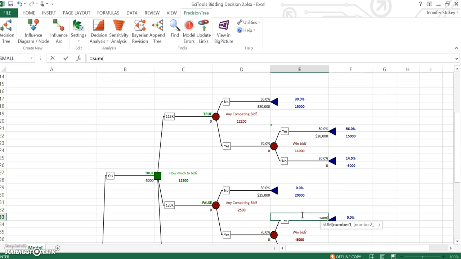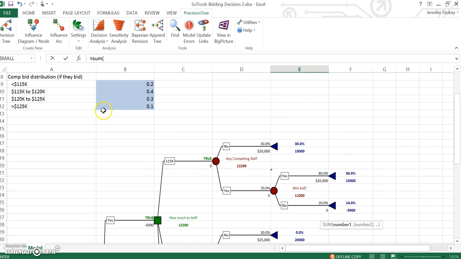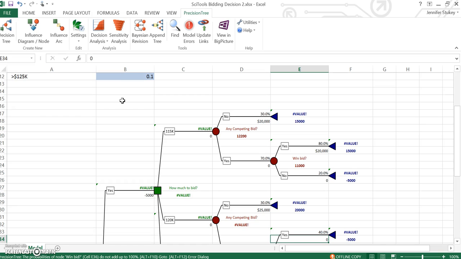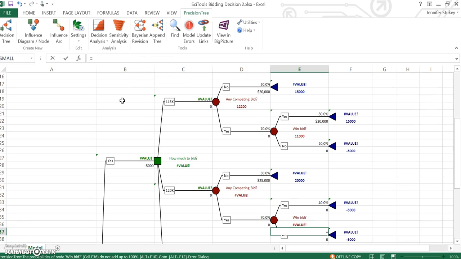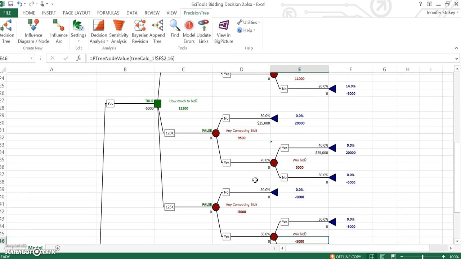So we'll do sum, and we'll do the sum of these two numbers. Okay. And then this one is the inverse of this one. Okay. And this number is the same. If we win the bid, we would make $25,000.